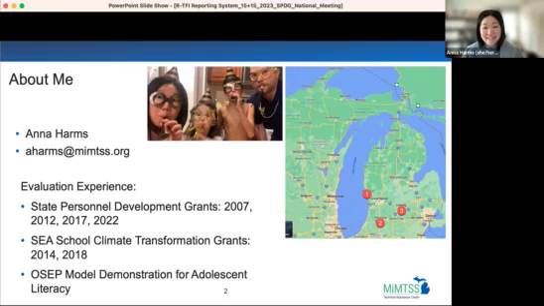I've worked with the MiMTSS TA Center for close to 15 years now, and my role is evaluation and research administrator. So I do a lot of internal program evaluation work, grant reporting, thinking about setting up our own internal systems for database decision making, and so a lot of that work has me really far from teachers and really far from kids, which is not necessarily why I decided to get into education, but it is my reality and I love the work that I'm doing.